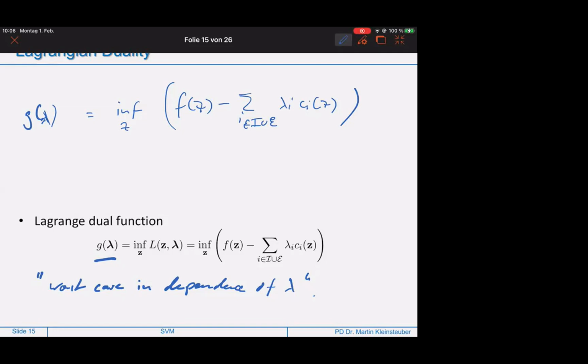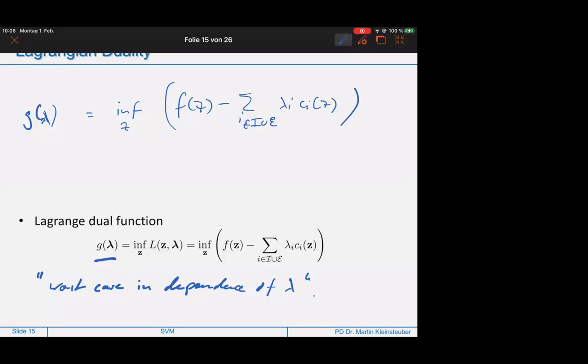If everything is well behaved, for example if this is convex, then for the infimum we take the derivative with respect to z, set it to zero to find the minimum, plug the minimum into the function, and obtain the minimum value.